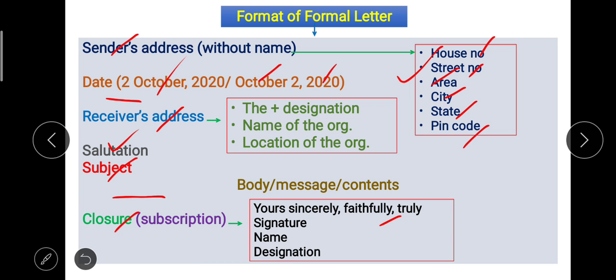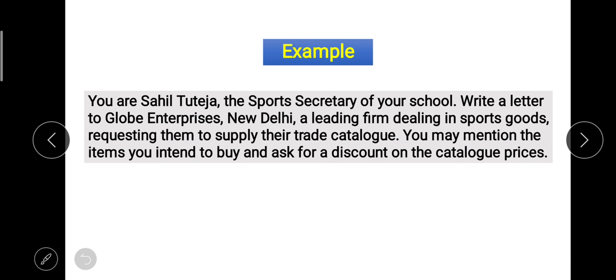Here you need to be careful. After this, we need to put our signature, then name, and then designation. So in a formal letter, we have to write these four things in the subscription, or you can say the closure. Now we'll see one example.